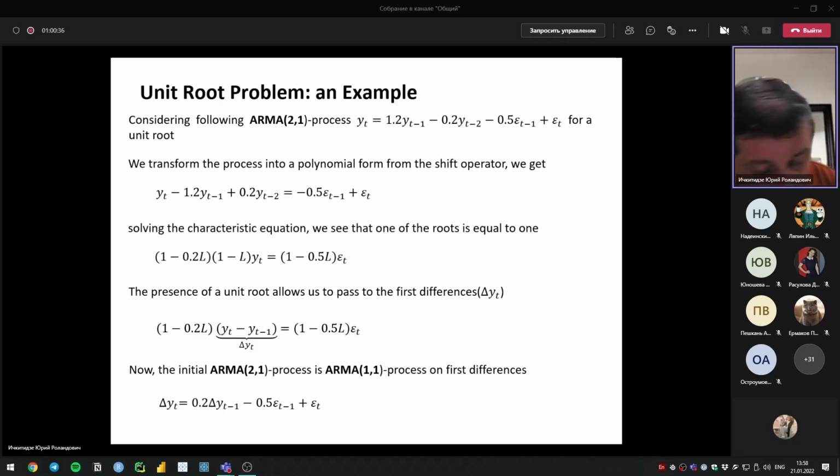Therefore, it is very important to test for this unit root. Estimation of our ARMA parameters, taking the unit roots into account, should occur either on the initial series or on the first differences, if the unit root is present.